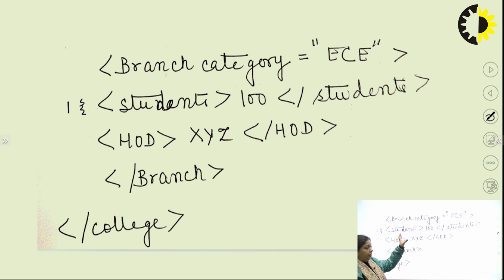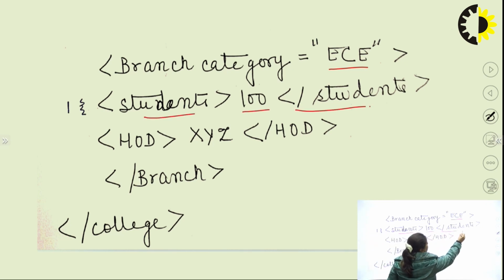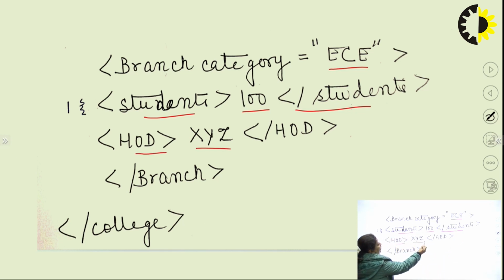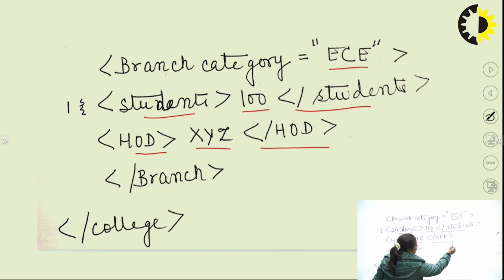Now I have another branch category which I have named as ECE. In this again I have two tags, that is students and HOD. For students I have assigned a different value, that is 100, and I have closed my students tag. Now I have another tag HOD to which I have assigned a value XYZ, and here I have closed this HOD tag. Then I have closed this branch tag.